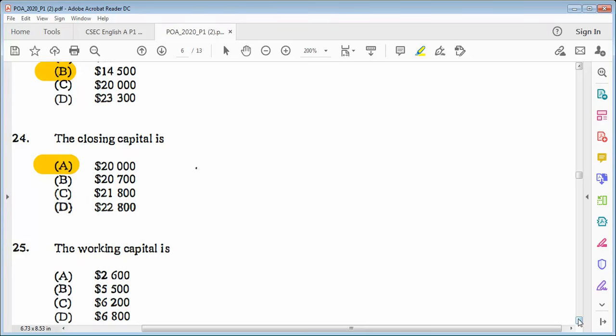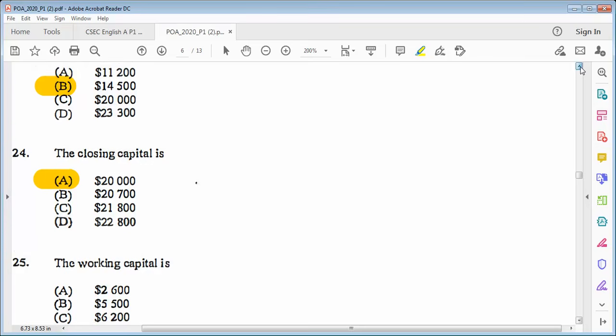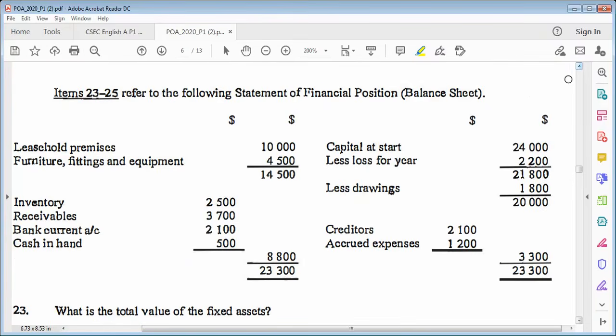Our current assets are $8,800, and our current liabilities are 3,300, which is our creditors and accrued expenses.